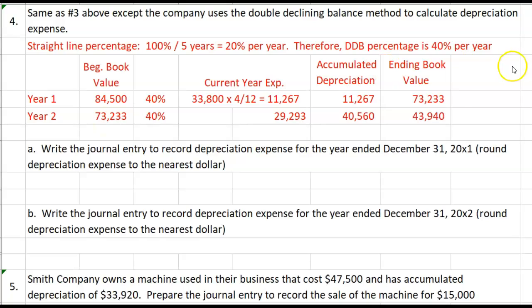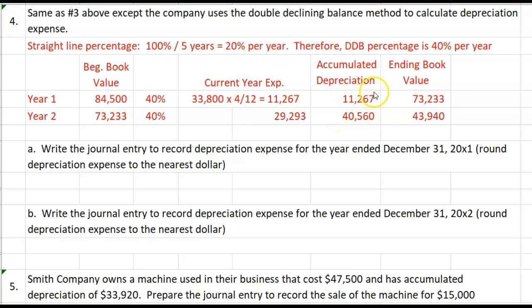Double declining balance. So you use that $73,233 ending book value at the end of year 1 and at the beginning of year 2, multiply it times the same 40%, and that calculates depreciation expense for year 2 of $29,293. For this problem, you could end right there, because you don't have to go on to future years' calculations. I went ahead and said, well, after year 2, the accumulated depreciation grew to $40,560.